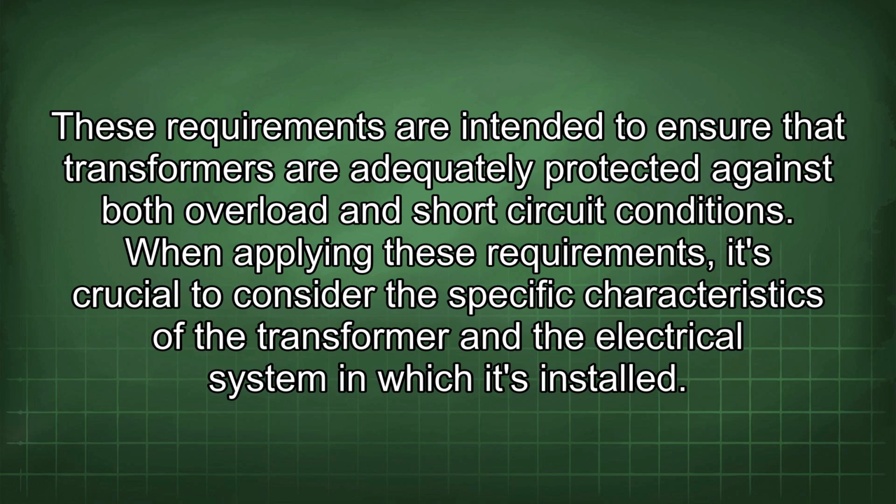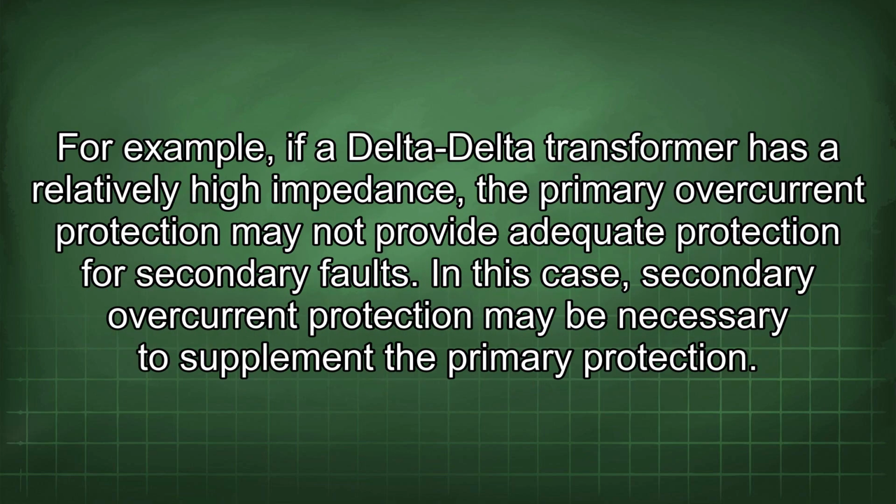When applying these requirements, it's crucial to consider the specific characteristics of the transformer and the electrical system in which it's installed. For example, if a delta-delta transformer has a relatively high impedance, the primary overcurrent protection may not provide adequate protection for secondary faults. In this case, secondary overcurrent protection may be necessary to supplement the primary protection.